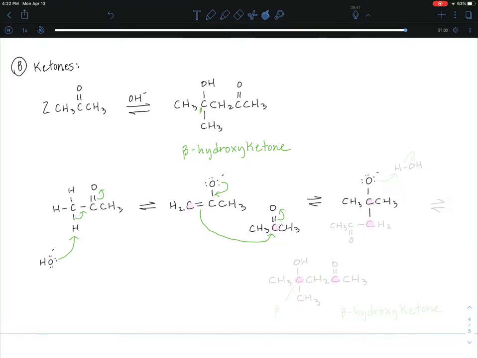CH3. What did we do? We attacked with this carbon. We attacked that carbon. So that was the carbonyl, right? And this carbon right here came from the enolate. So what was on that enolate? CH2. And then what else?